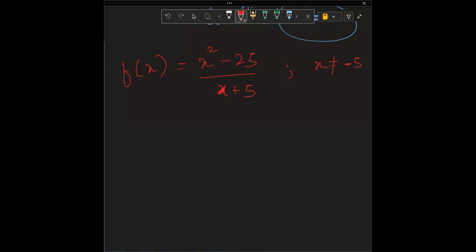So I want to check whether you are able to modify your function or not, and is there any necessity to modify your function here or not. Okay, do this and tell me.